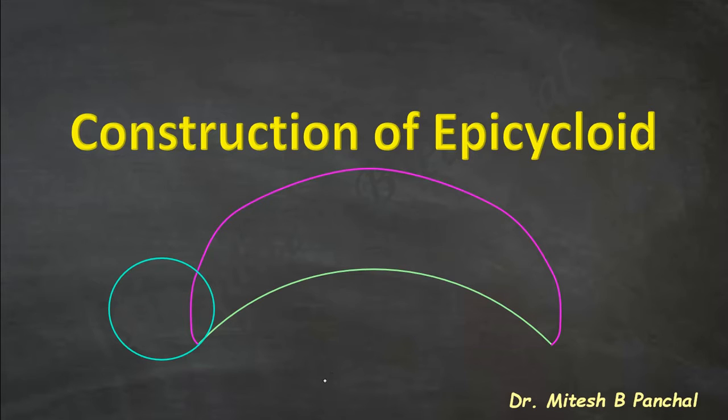And the epicycloid we can obtain in a similar way as the points which we have discussed in the construction of cycloid. But here in epicycloid, instead of a directing line, we are considering a directing circle on which the generating circle will roll without slipping and sliding.